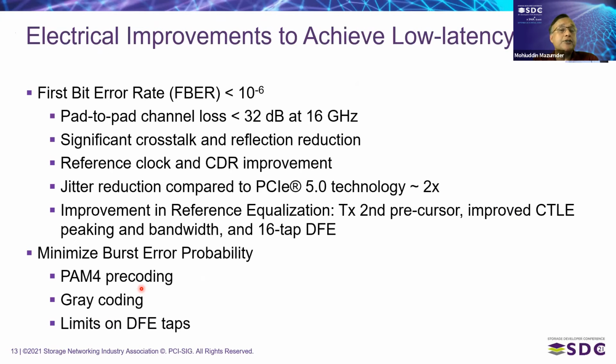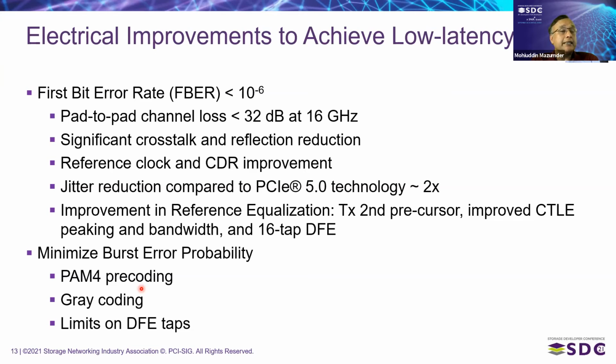So let me address those. As we have seen, to achieve FIT much less than 1, the first bit error rate FBER needs to be less than 10 to the minus 6. This is almost 2 orders of magnitude better BER compared to what it needs to be if we could do a heavyweight and more robust FEC.